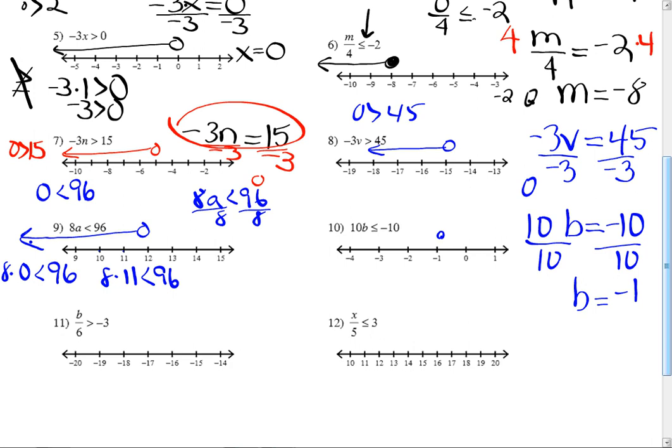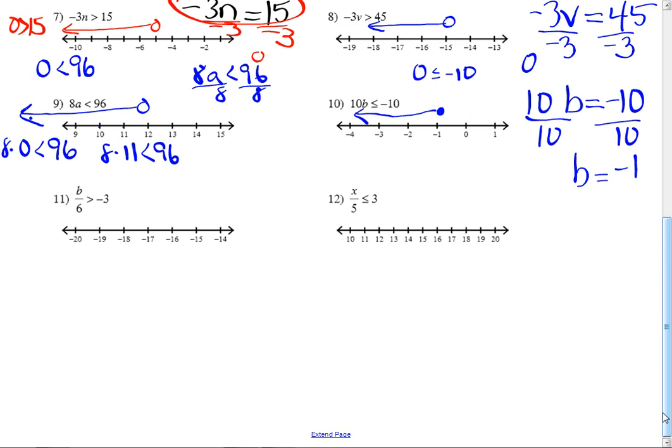I do get to do that. Now, there's 0. I see 0 this time. Does 0 make that true? Is 0 smaller than negative 10? No. So guess what? I don't get to shade the side with 0. Because if 0 doesn't make it true, nothing over here makes it true. It goes the other way. And a little straighter line on that. Do you see how I'm doing them?